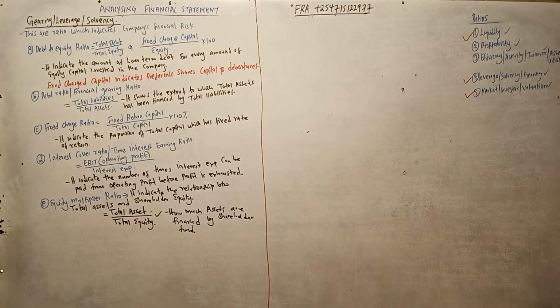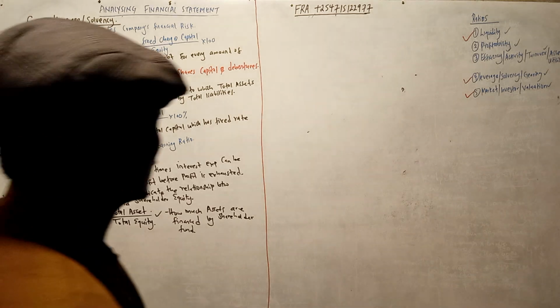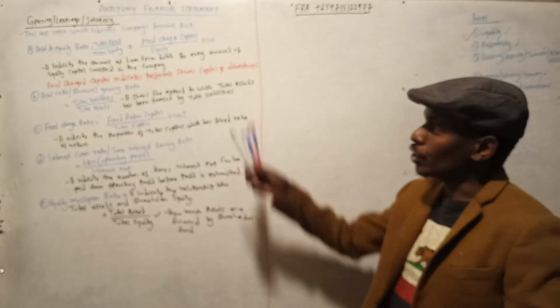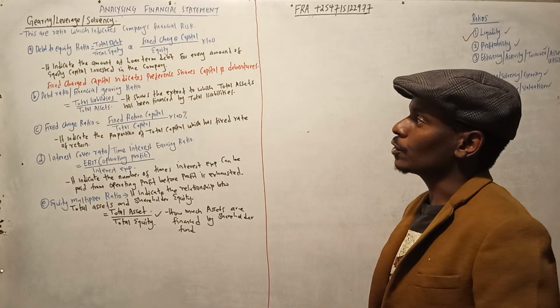The gearing, leverage or solvency ratios indicate the company's financial risk. The first one, debt to equity ratio, is equal to total debt over total equity.